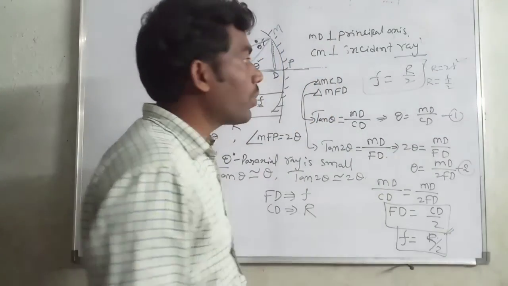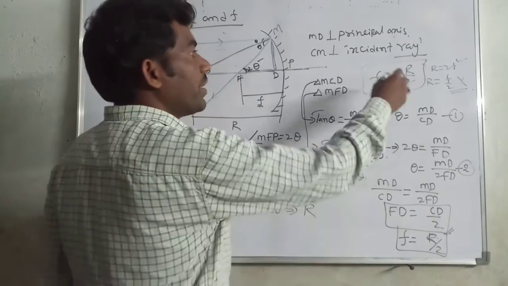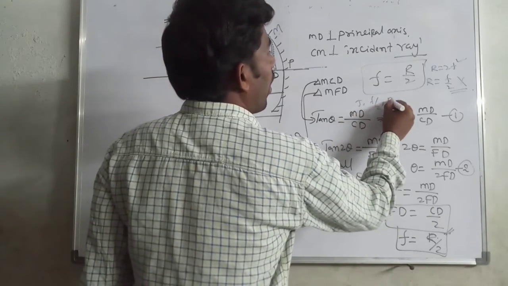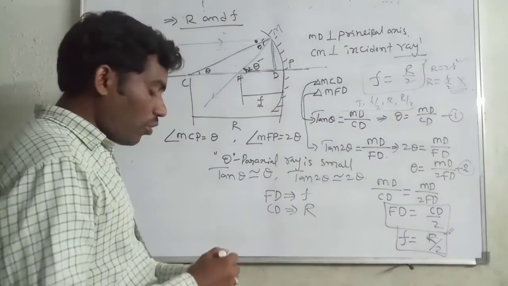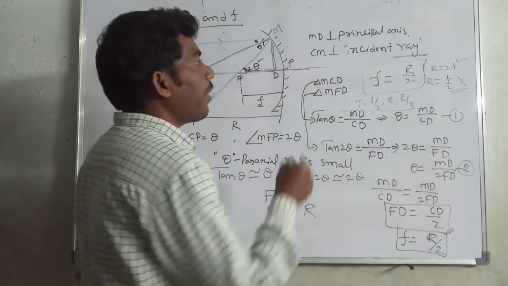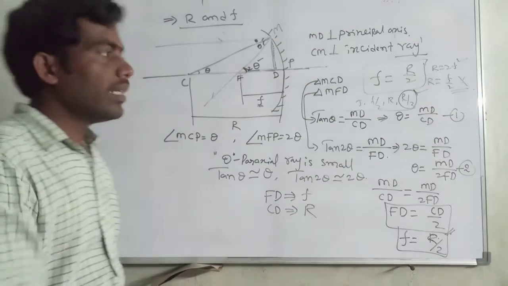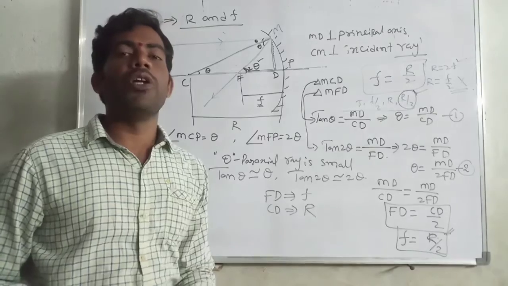Is that right? No, this is wrong. So of these confusing terms, which one is correct? From the relation of f and R, this relation is correct.